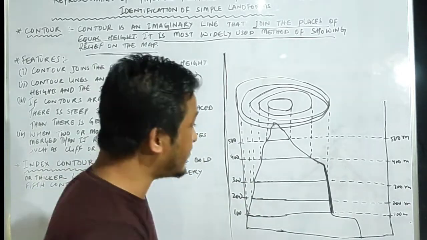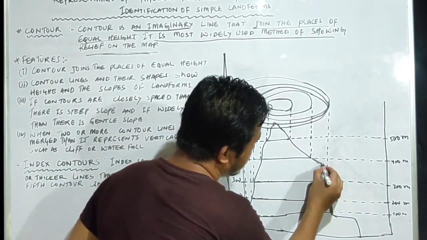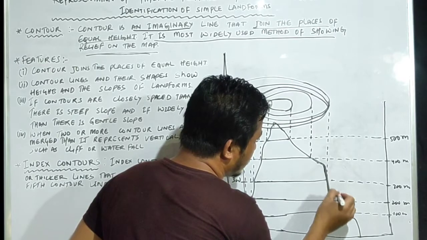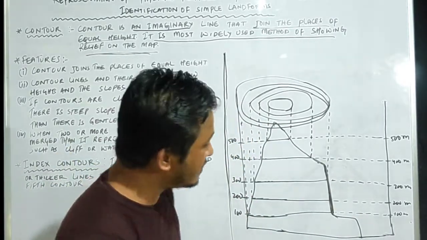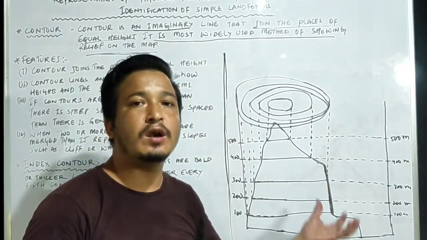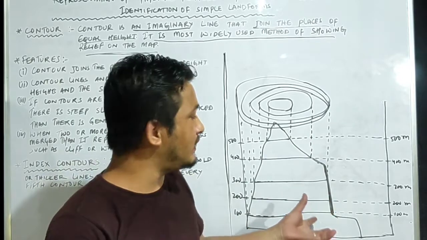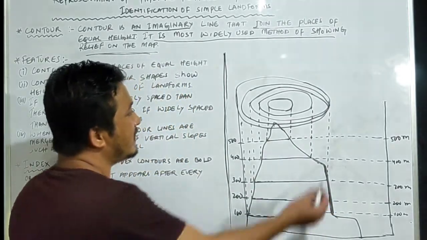When we are showing a cliff, it means a region without water. Here this region will have one cliff, or you can say waterfall, jharna. So when we show a waterfall or cliff on the map with the help of contours, your contour lines will look like this.